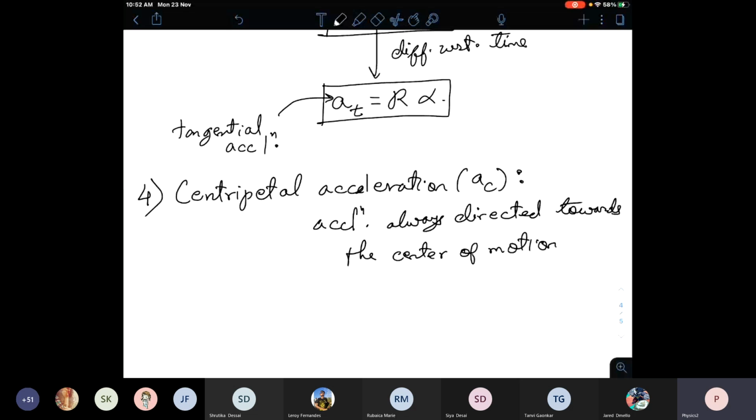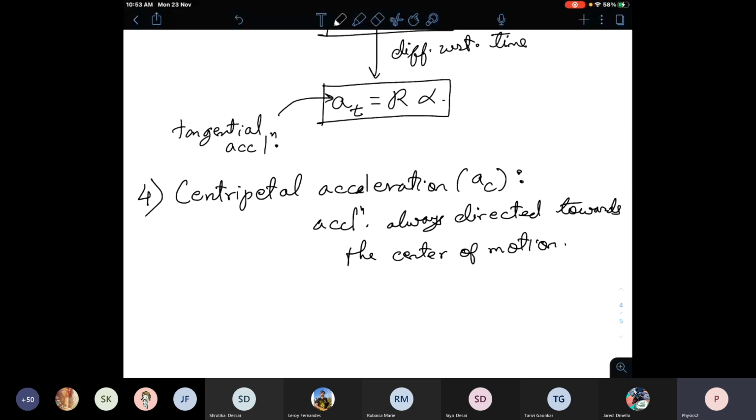We are talking about circular motion only, so it is not necessary to mention here. You can just write center of the motion. So this is called a centripetal acceleration, an acceleration which is always directed towards the center of the circular motion.